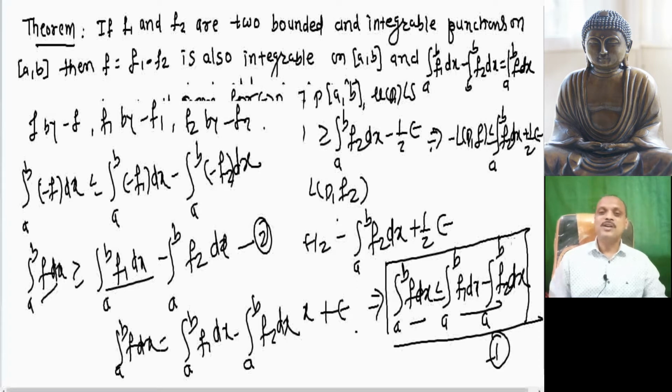It is possible only if these two are equal. Whenever the equality holds, we have the integration of f equal to the integration of f1 minus the integration of f2. So we have shown that if two functions are integrable then their subtraction is also integrable.